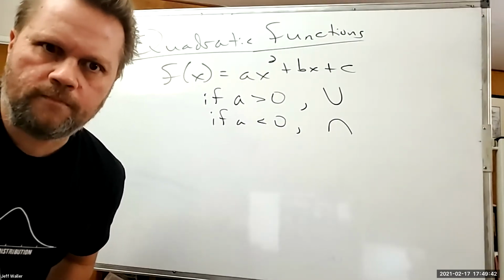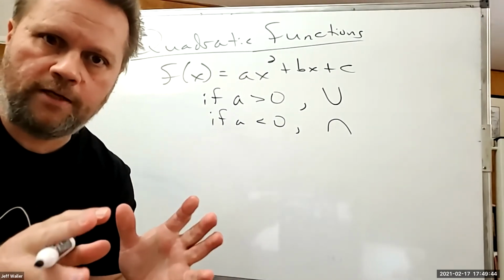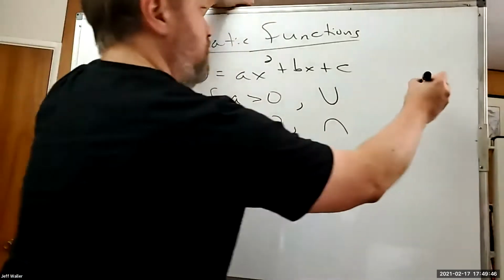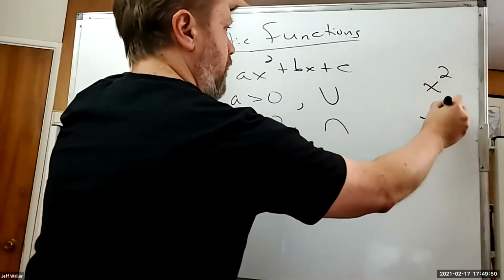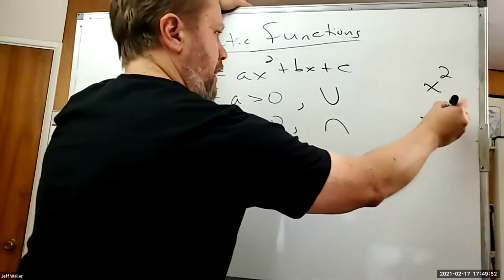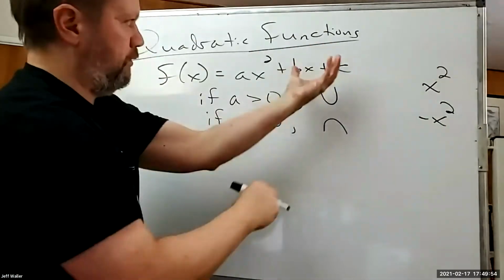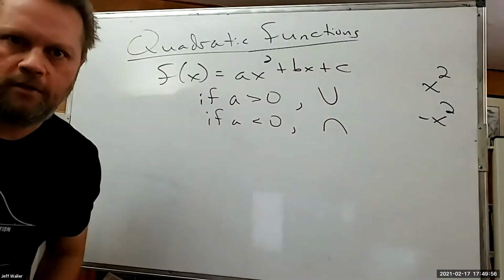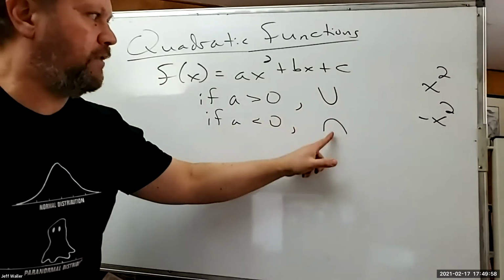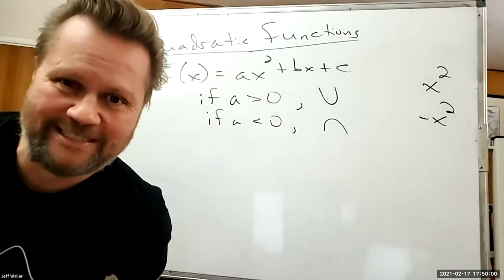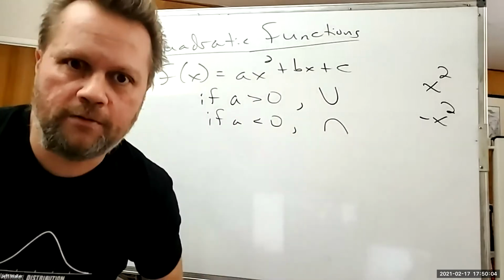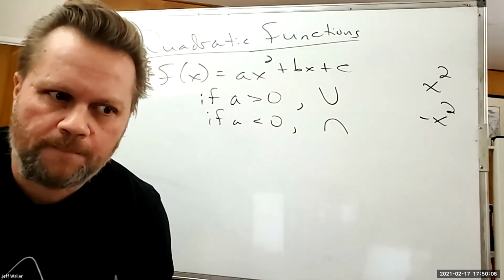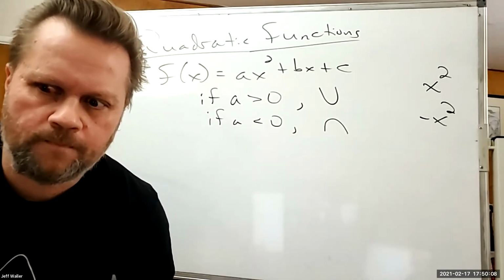That's ground shaking, I know, but do you guys remember that? If I have x squared, of course it looks like this. Negative x squared is a reflection around the x-axis, so of course it would look like that. We call this cup up and this one cup down. You can also call this happy and sad, whatever you want.